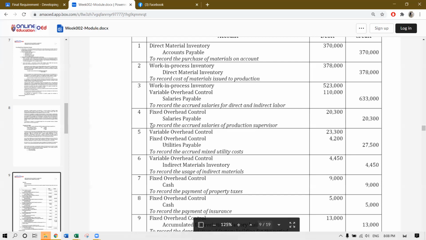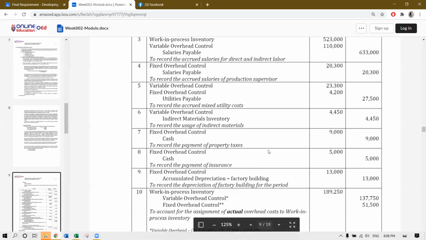So, gan separate niran pag-record han variable overhead control and then the fixed overhead control. Okay. So, parehas la ito class, i-record la ito nira kon piraan variable overhead, based on indirect materials, tapos fixed overhead control, record the payment of property taxes. So, ayun. Parehas la ito nira class.